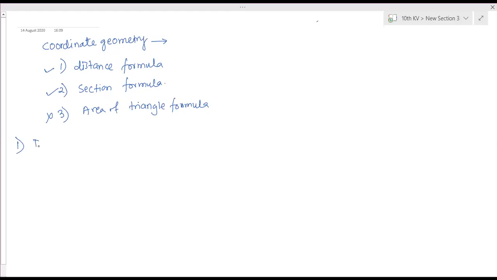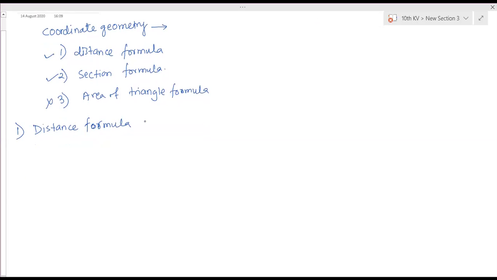So first part is distance formula. That means on a coordinate plane, this is the x-axis, this is the y-axis. Now any 2 points are present.